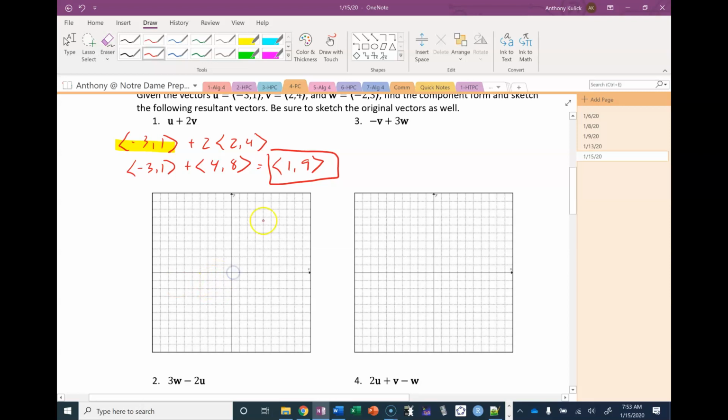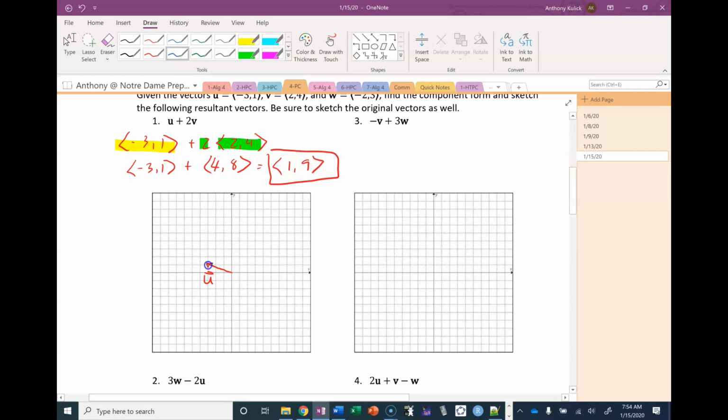Oops. Yep, that's what I meant. Thank you. So there's my vector u. And now from vector u, I'm going to graph vector 2v. Actually, let's do it this way. Let's graph vector v, and then we're going to do it twice.